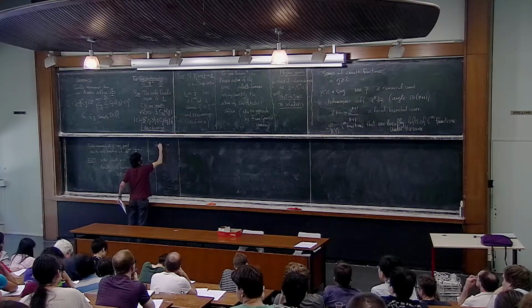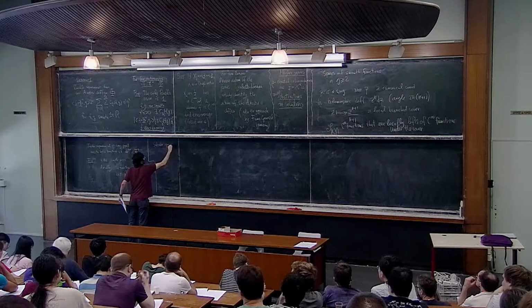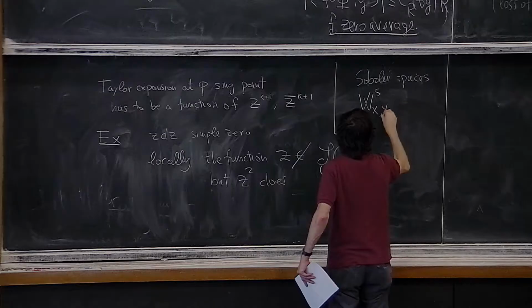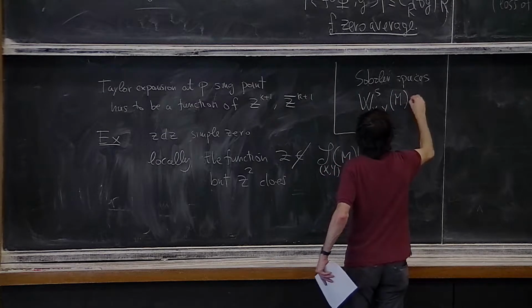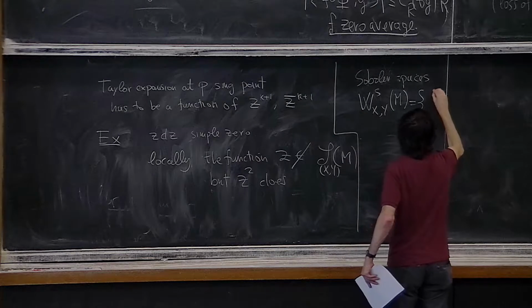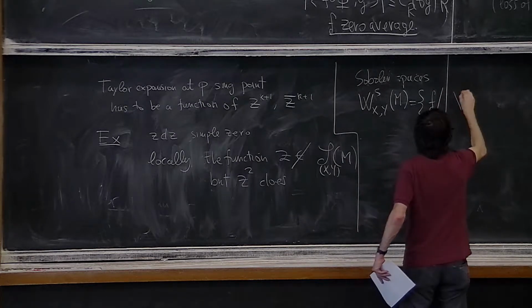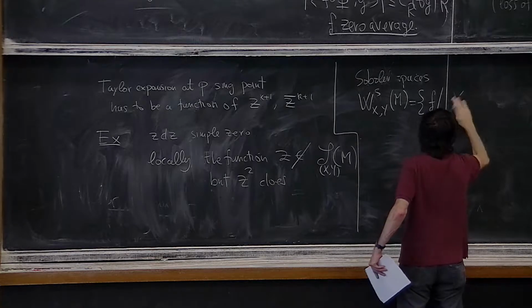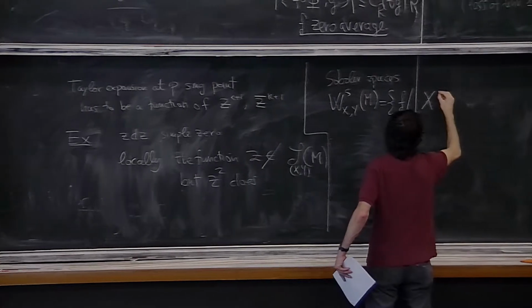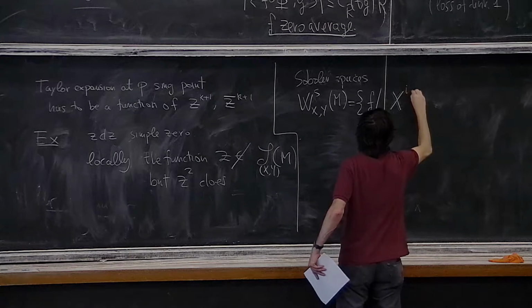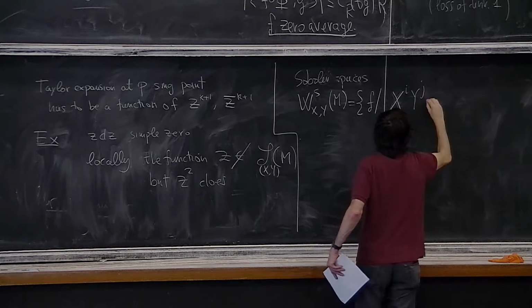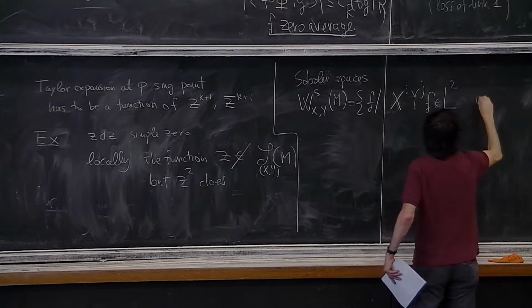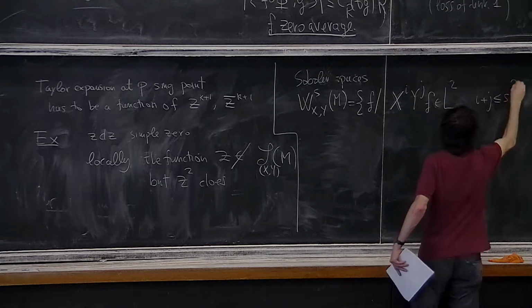The Sobolev space W^s_{X,Y}(M) consists basically of the f's such that, for s an integer, X^i Y^j f is in L2 for i + j less than or equal to s.